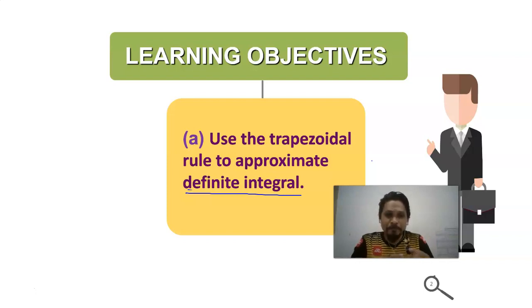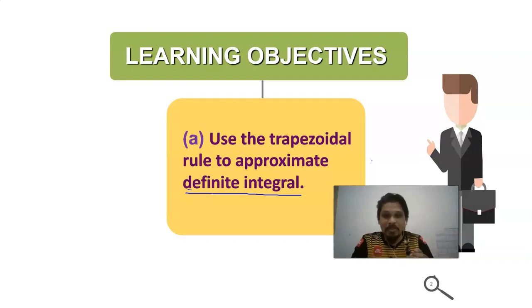Last time we integrated a function using the substitution method, integration by parts, and partial fractions. Now there are some situations where the integral of a function f(x) with respect to x cannot simply be solved using the methods I mentioned just now.